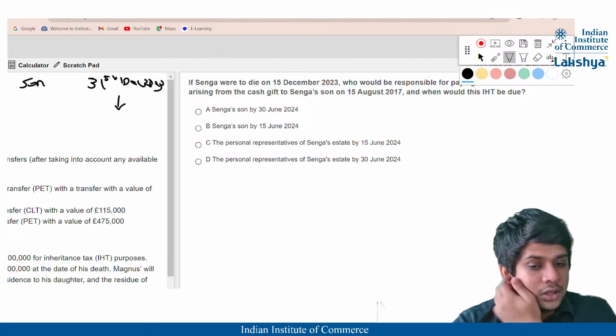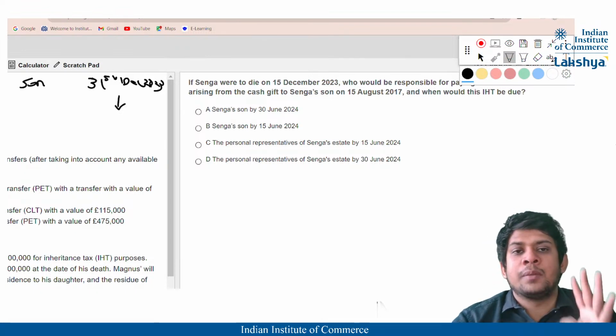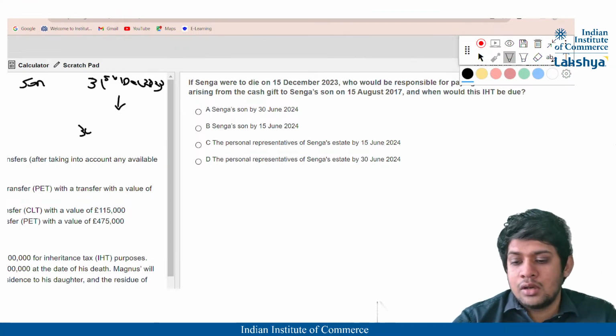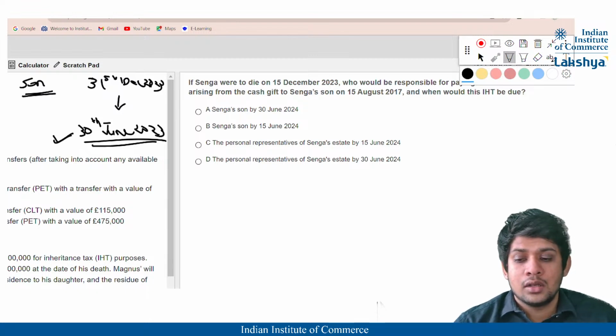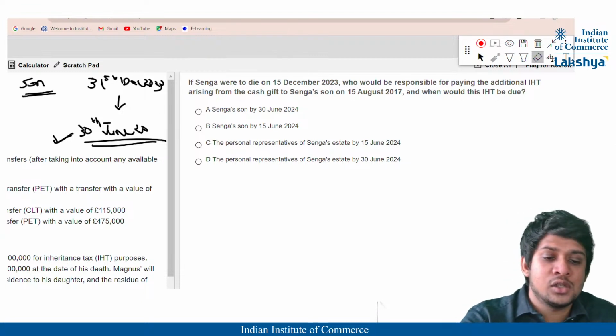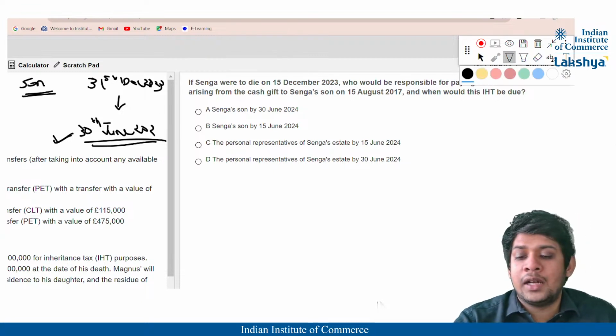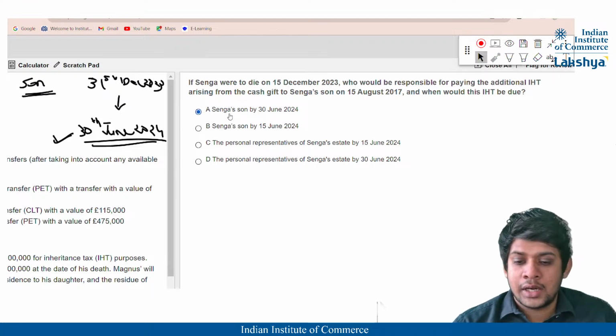Correct? 6 months from here means January, February, March, April, May, and June. So 30th June 2023. So the son will pay on 30th June 2023. Sorry, 2024. I'm so sorry, guys. She died in 2023, right? So 6 months from that will be 2024. So it will be option A. Correct, guys?